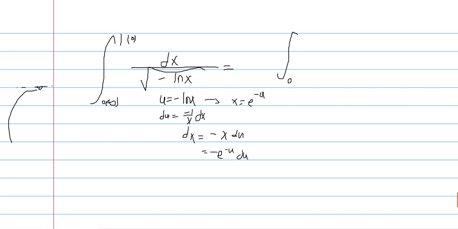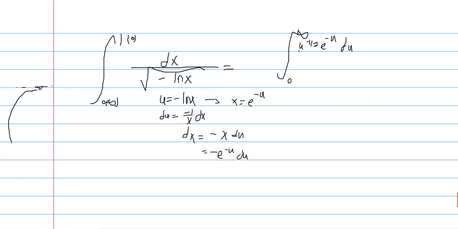So we have the integral from 0 to infinity. Now dx is e to the negative u du, and our square root of negative natural log of x is 1 over the square root of u, and that's u to the negative 1/2.